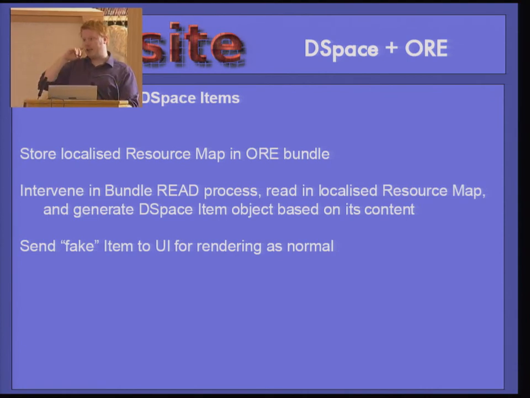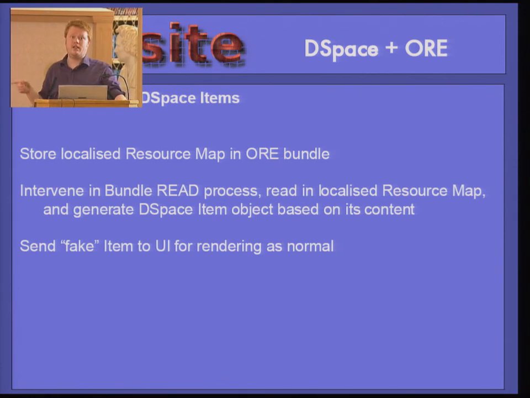And then, using the intervention in the data access layer, I open up that bundle when an item's files are requested and fake the DSpace item by reading in that resource map and turning them into what looks like DSpace files. And then I send that fake item to the user interface for rendering. So the rest of the application never knows that anything is unusual about this item.